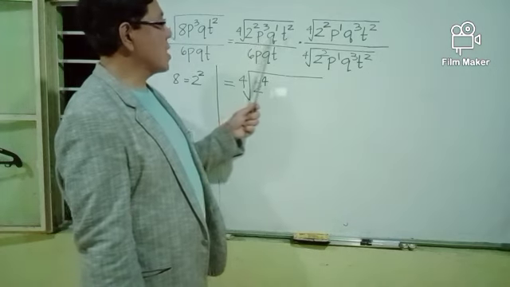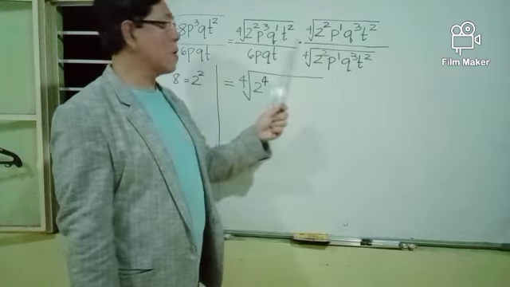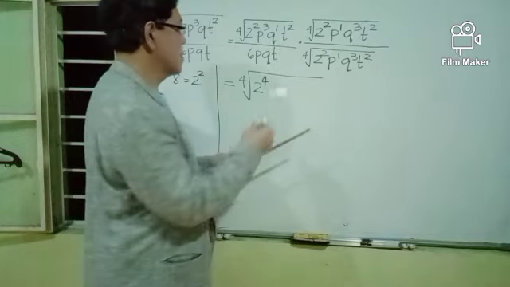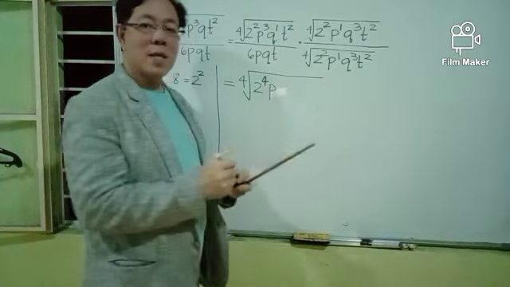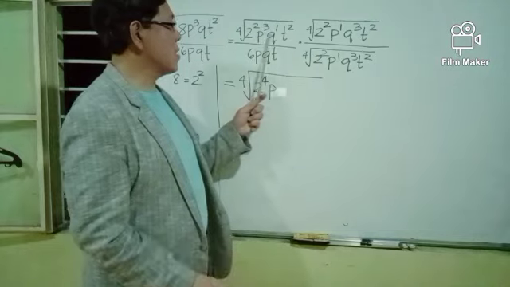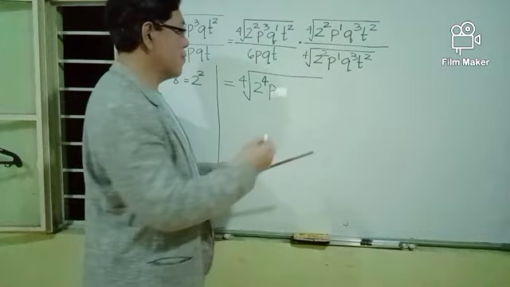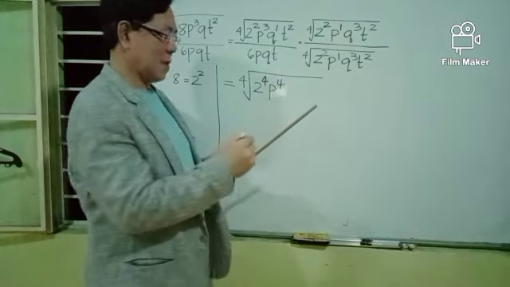We multiply p cubed by p raised to 1. Common base is p. We add the exponents of p, 3 plus 1 is 4.